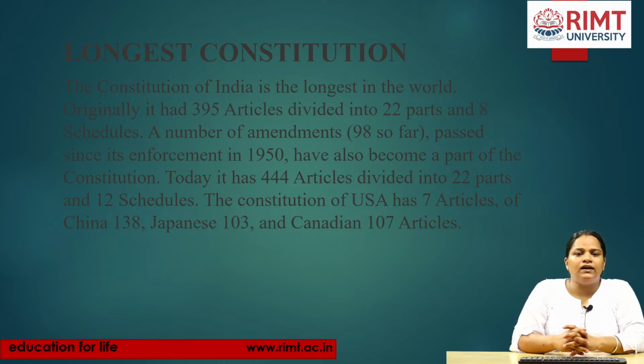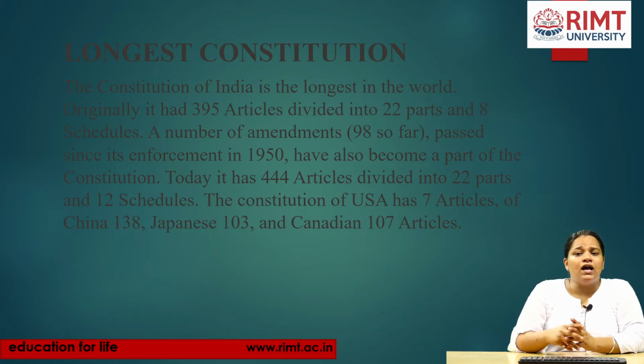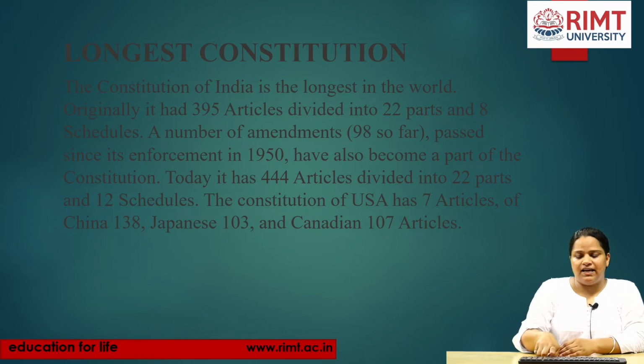Today it has 444 articles divided into 22 parts and 12 schedules. The Constitution of the USA has only 7 articles, and China 138, Japan 103 and Canada 107 articles. But the Indian Constitution is regarded as the longest one.